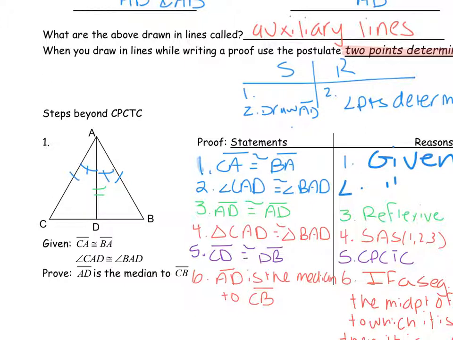I know that these are kind of longer reasons, and unfortunately there's no real shortcut, but just do the best you can to state it as close to that as you can.